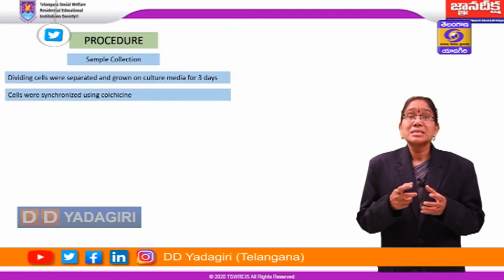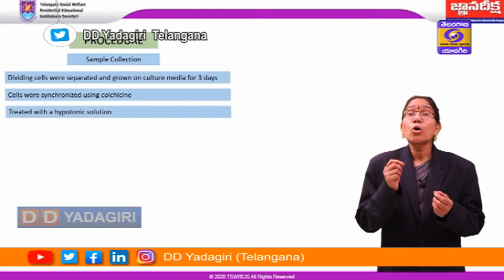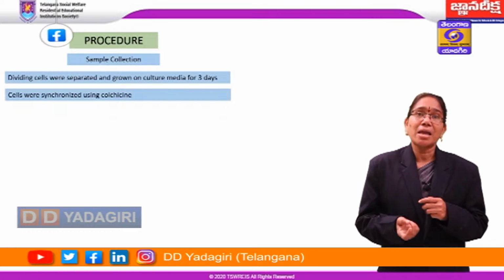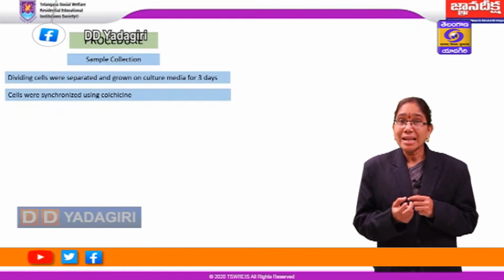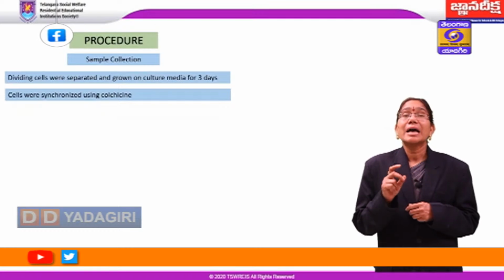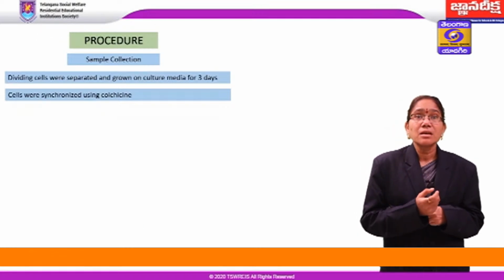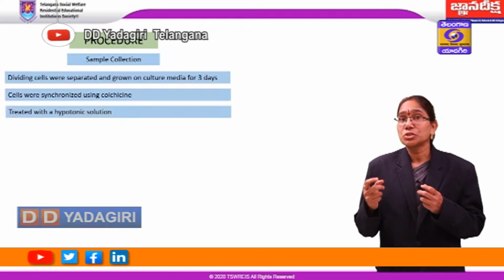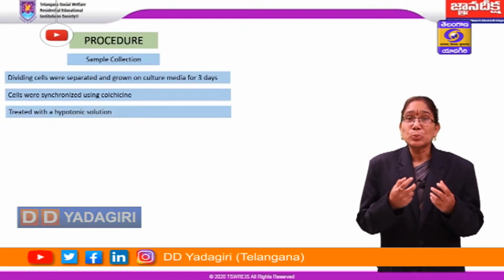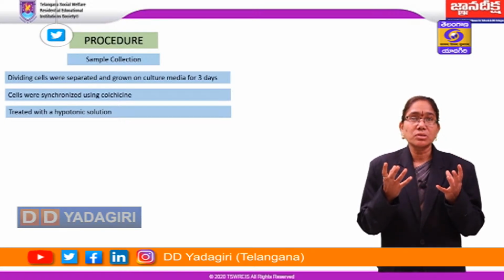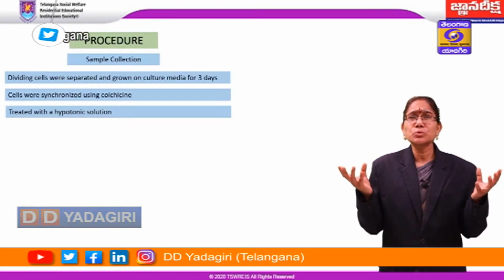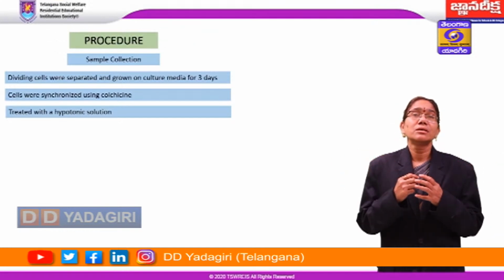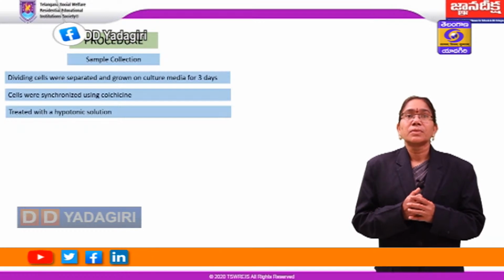To do this, cells are treated with colchicine, which prevents the formation of the spindle fibers, so the cell cannot enter into anaphase. Next, cells are treated with a hypertonic solution, which makes the nuclei swell and allows the chromosomes to separate and scatter freely in the nucleoplasm.